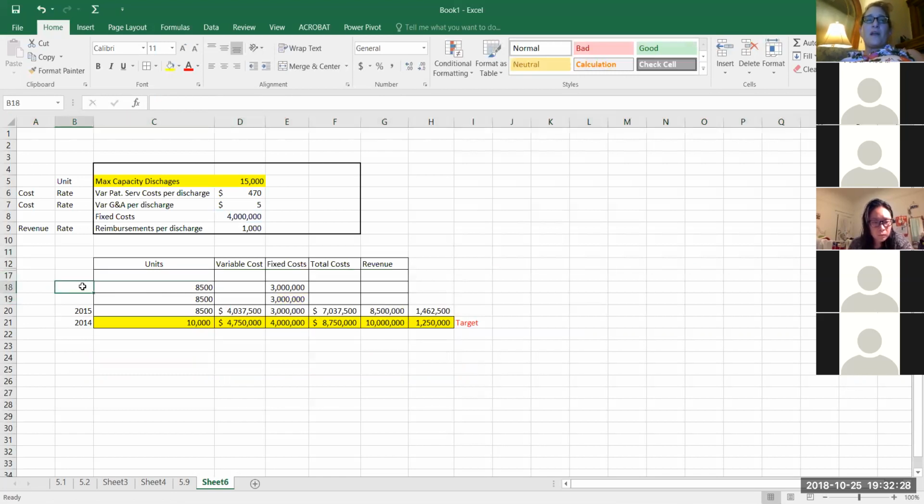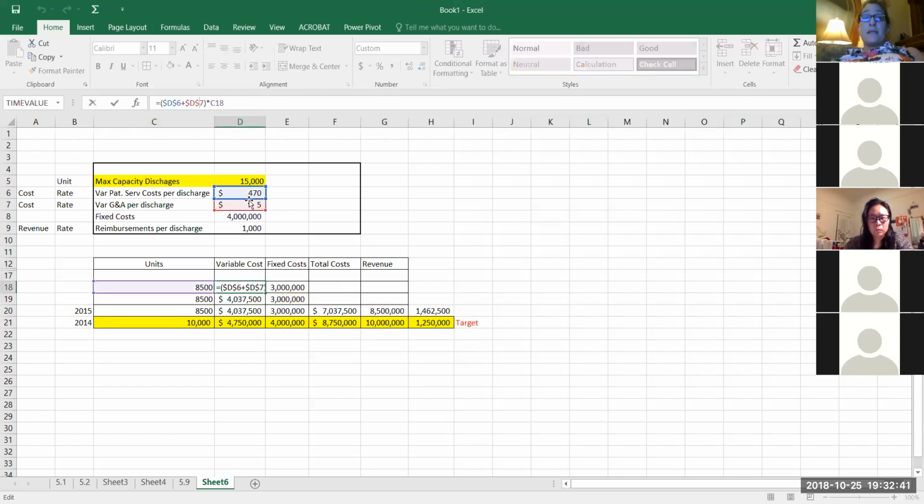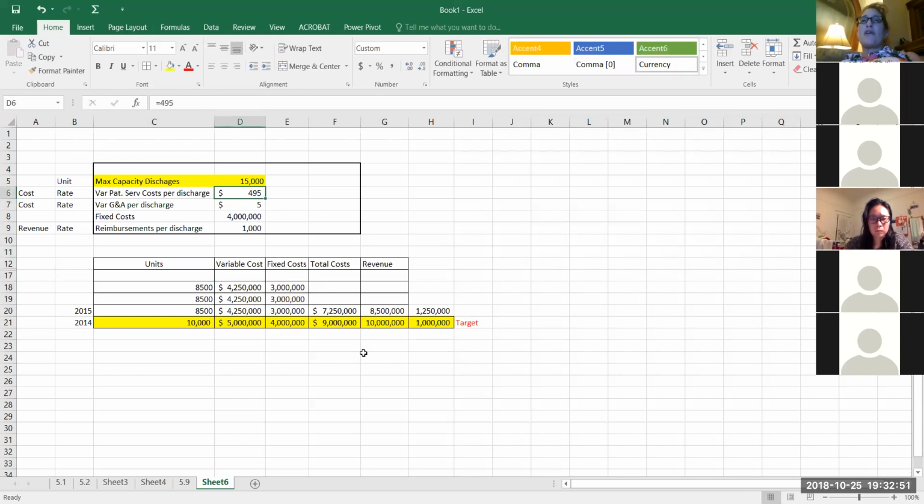All right, so we've got a couple scenarios here. My fixed costs change, but my variable costs don't change. They're the same as what we had up here. Now I think I still have my $25 that I take out. So I'm going to put that back in, because I want to look at this scenario first without any changes.